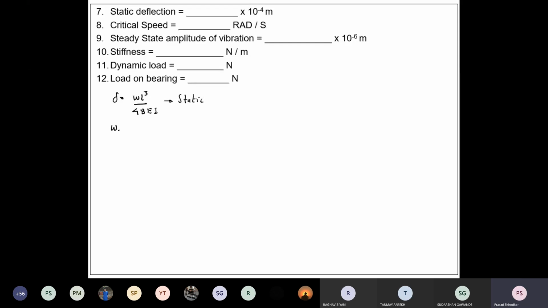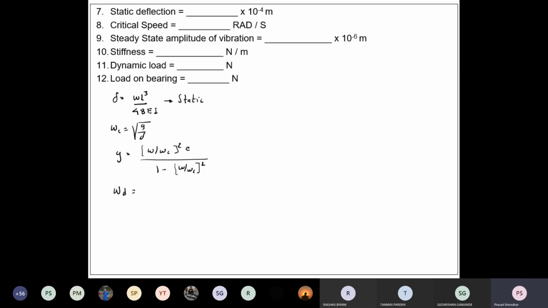Then omega C is equal to square root of g by delta. Then the steady state amplitude is equal to (omega by omega C) whole square into e divided by 1 minus (omega by omega C) whole square. And then you have to find the dynamic load WD.